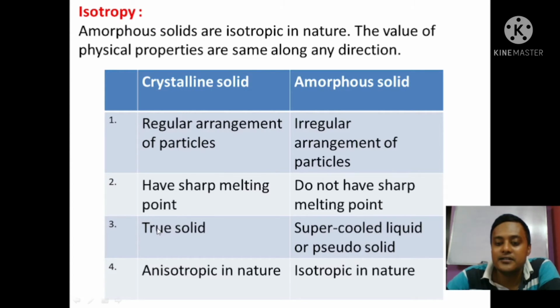That means if melting starts at 105, it continues up to 110 degrees Celsius. So it has a range of melting point instead of a sharp melting point. Crystalline solids are called true solids, and amorphous solids are called supercooled liquids or pseudo-solids. Crystalline solids are anisotropic in nature, and amorphous solids are isotropic in nature.